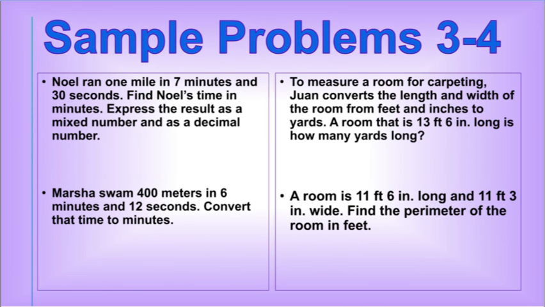Next, Noel ran 1 mile in 7 minutes and 30 seconds. Find Noel's time in minutes. Express the result as a mixed number and as a decimal number. We want to find out the time in minutes. So I need to convert 30 seconds to minutes. 1 minute is the same as 60 seconds.